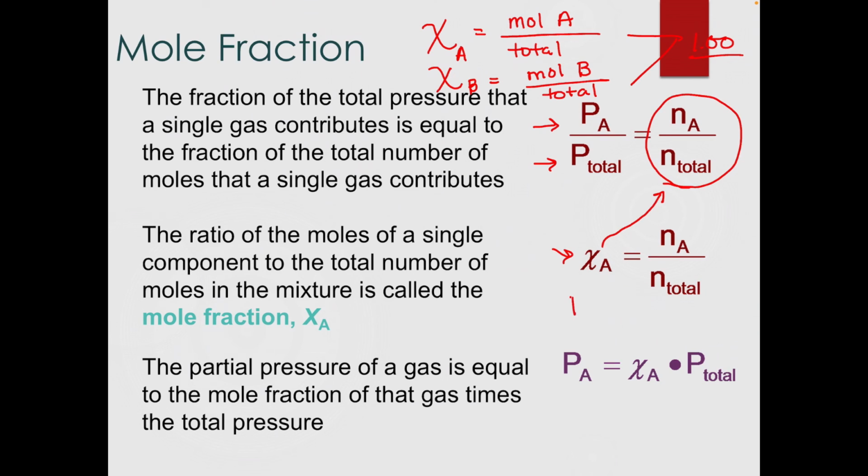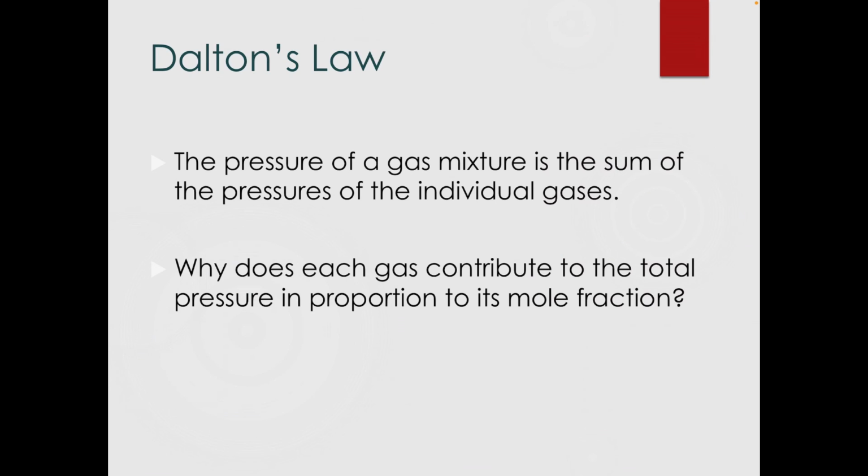So if we plug in that, we get partial pressure of A due to our total versus our total pressure is going to equal our mole fraction of A. And if we multiply both sides by our total pressure, we will get this equation here, which is super helpful. If we know our mole fraction and we know our total pressure, we can multiply them together to get the partial pressure of gas A. And then we can know all of our individual pressures due to individual gases.